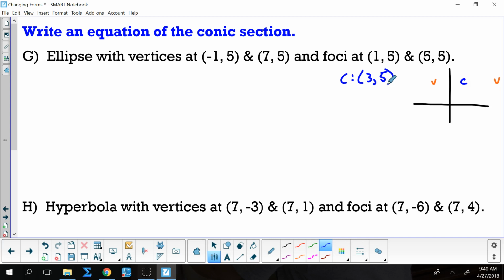Then what? So we can find a, right? Because I got foci there and foci there, but this distance is a, and that's going to be 4.